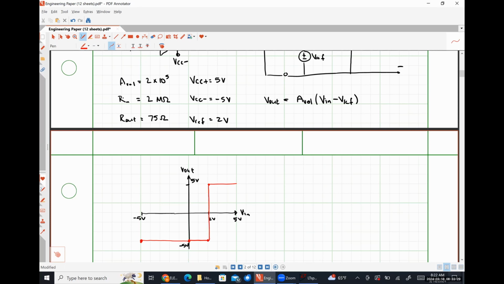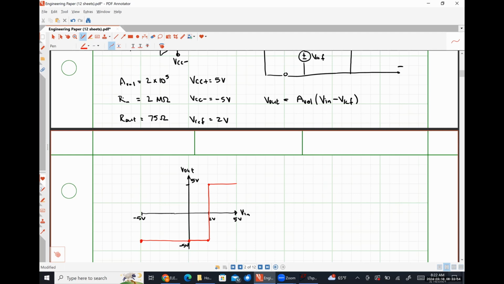Now, technically speaking, this line connecting here, or our transition from our output going from VCC minus to VCC plus, is not a vertical line. It is just a line with a hugely positive slope.